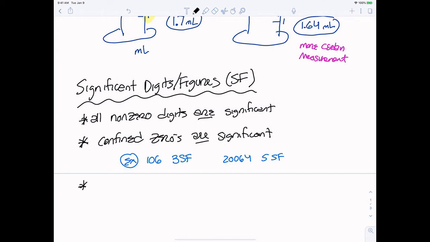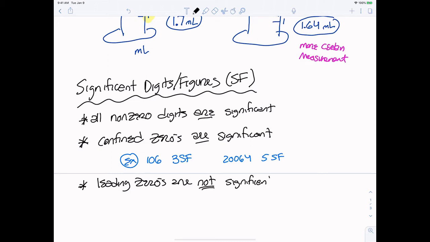Zeros that come before all other non-zero digits are not significant, and these are called leading zeros, the ones that come at the left of the number. So leading zeros are not significant.